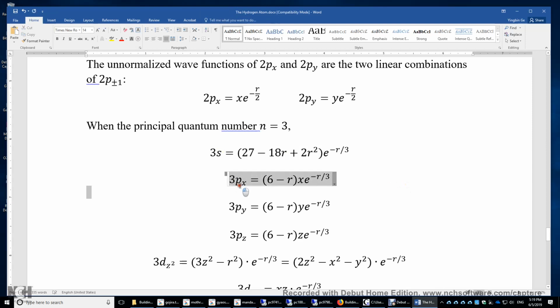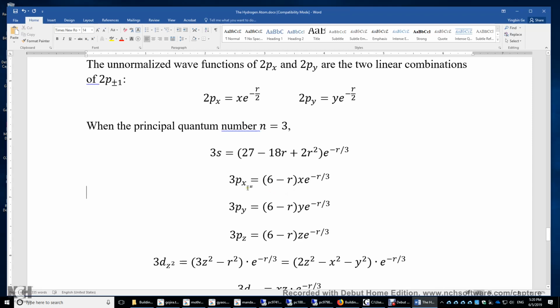Now let's look at 3px, 3py, 3pz. Again, this 3py and this 3px are linear combinations of 3p plus 1 and 3p minus 1. Again, 3p plus 1 and minus 1 tell us the z component of the angular momentum, and this 3px, 3py give us the shape of these two atomic orbitals.